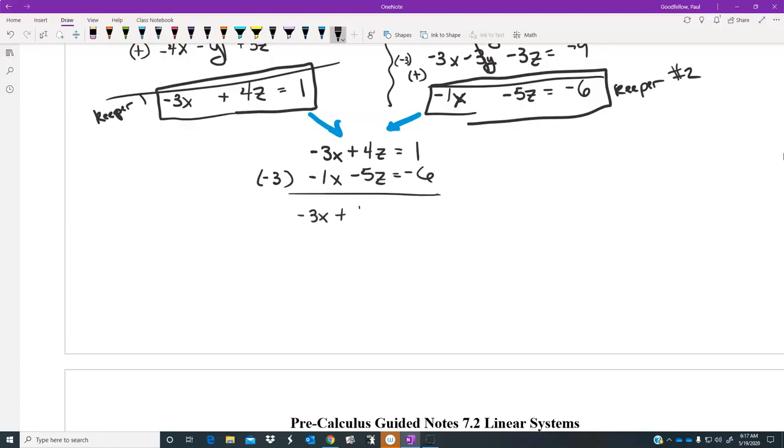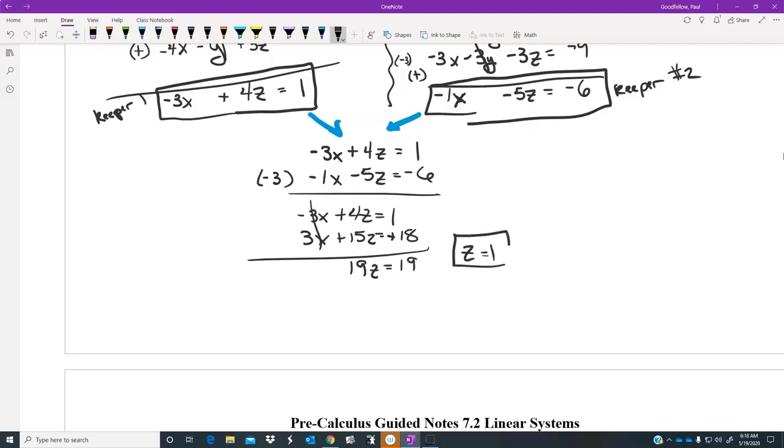Negative 3x plus 4z is equal to 1, and positive 3x plus 15z is equal to positive 18. And we'll end up getting 19z is equal to 19. And good job, you found one of the 3 answers, and that is that z is 1.